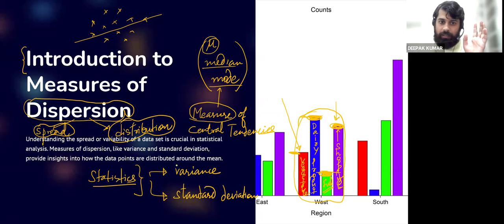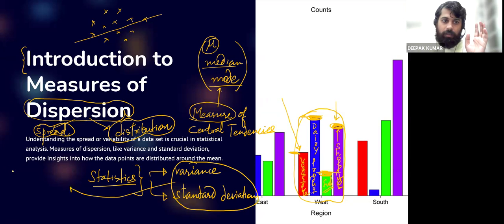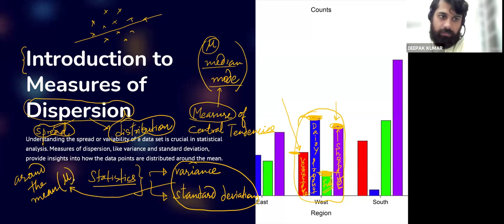So mind it, both of them actually work around the mean value, and mean is represented by mu in statistics.